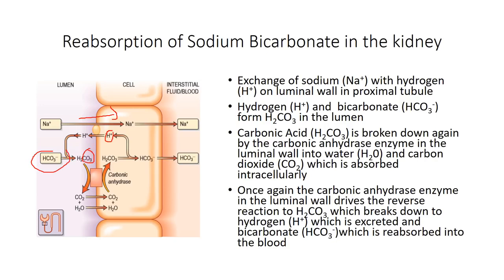This, through the enzyme carbonic anhydrase, then becomes carbon dioxide and water, which is reabsorbed into the cell, which then again becomes carbonic acid, which is then broken down into hydrogen, which is secreted into the lumen, and bicarbonate, which goes across into the blood, which is also exchanged with sodium. So you get sodium bicarbonate that goes back into the blood circulation.